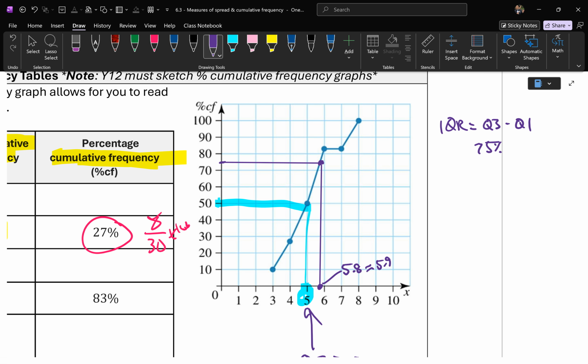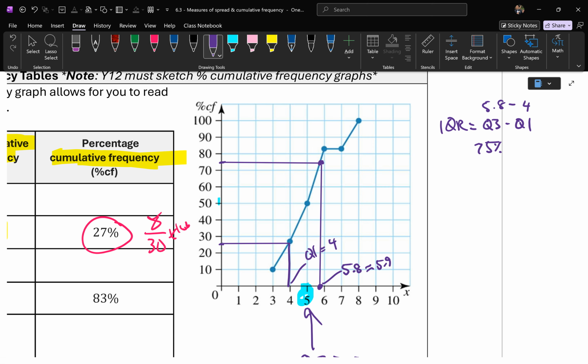And then minus Q1. If you look at 25, 25 is roughly there. Yeah, it's pretty close. It's probably 4. So Q1 is roughly 4. So if you put it together, it's 5.8 minus 4, roughly.